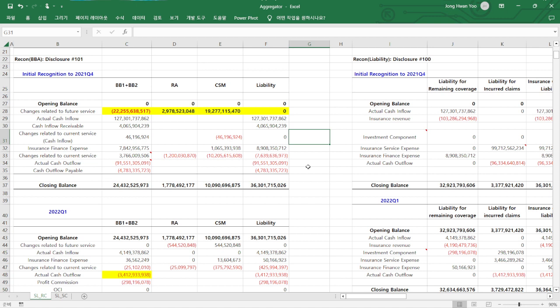So meaning that you have to estimate all the building blocks components all the way up to the contract boundary, and you see the profitability level information that is so-called in the standards.